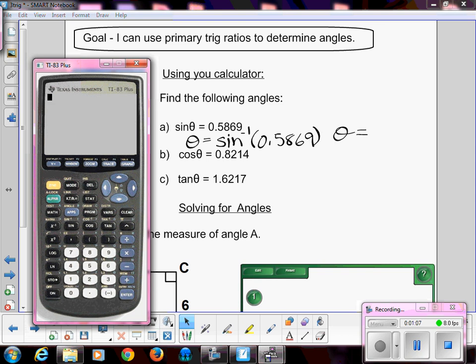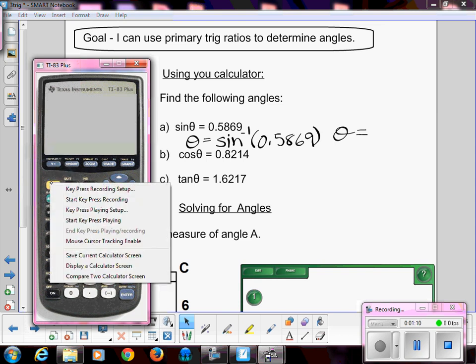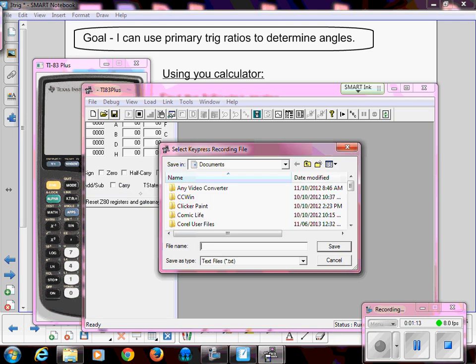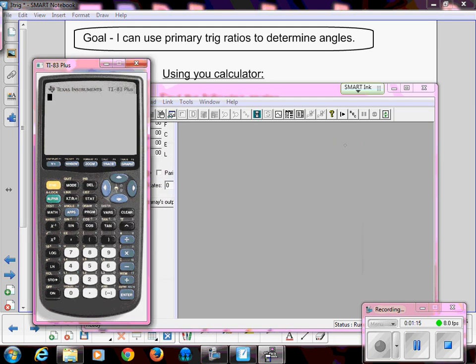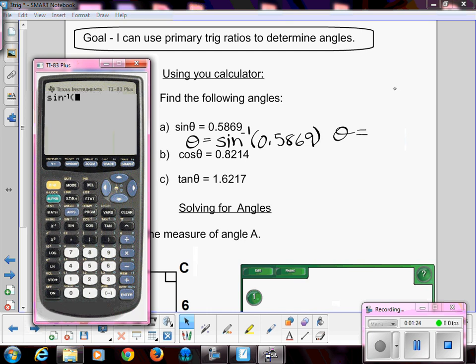So I need to hit second, then I want sine, which is here, and then I also need to put in the decimal, 0.5869. Oops, should be 0.69. Okay, and when I hit enter, I end up with approximately 35.9 degrees.